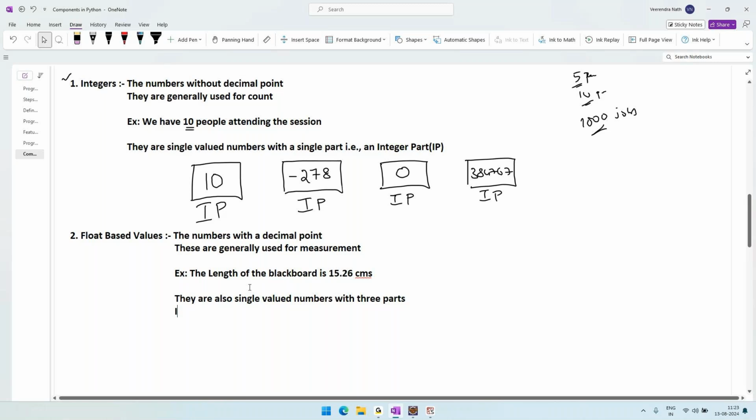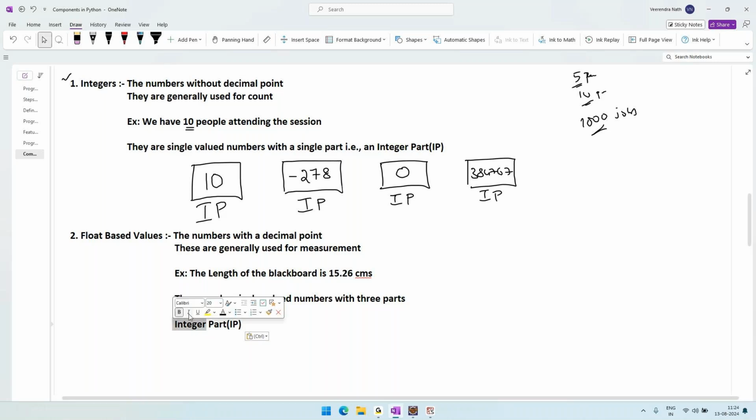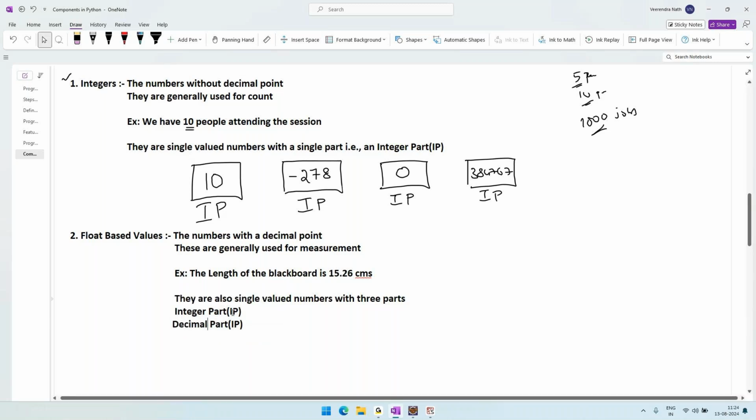We have the integer part, IP, we have a decimal point, and we have the fractional part, FP.